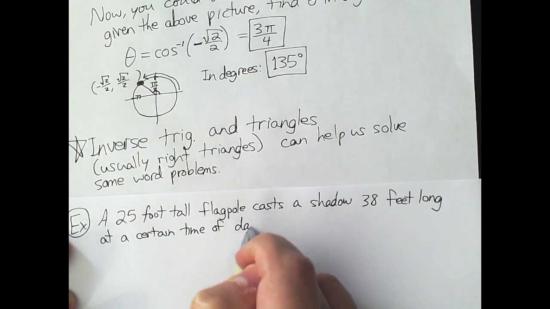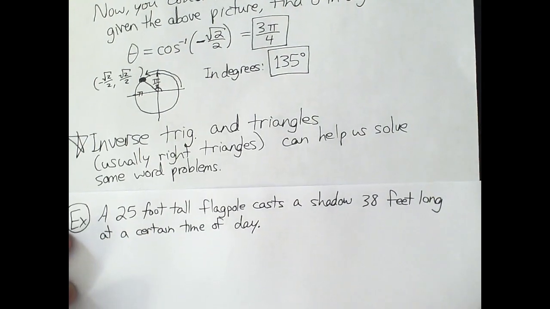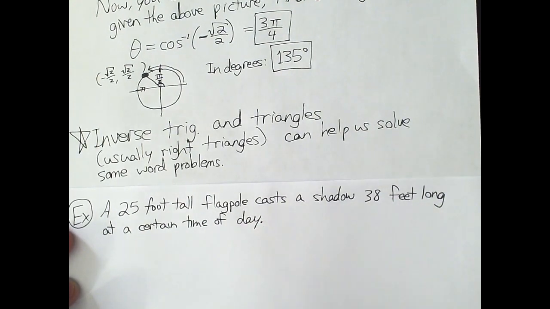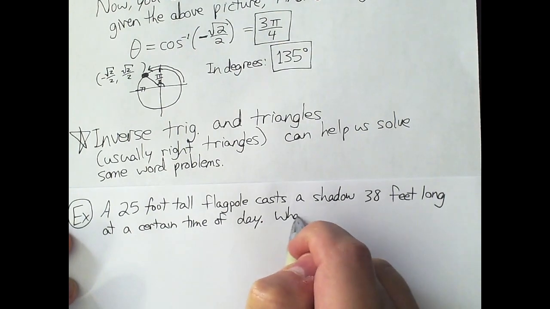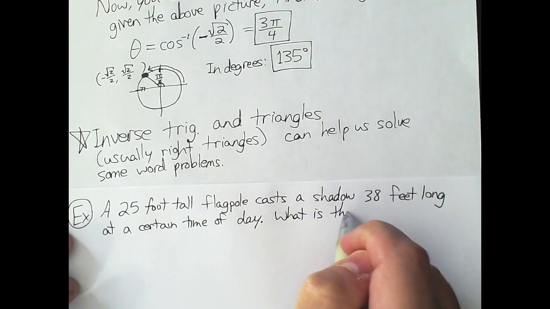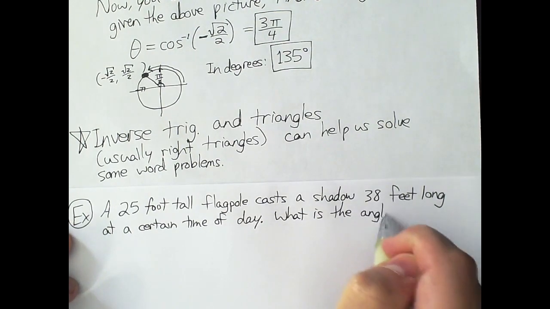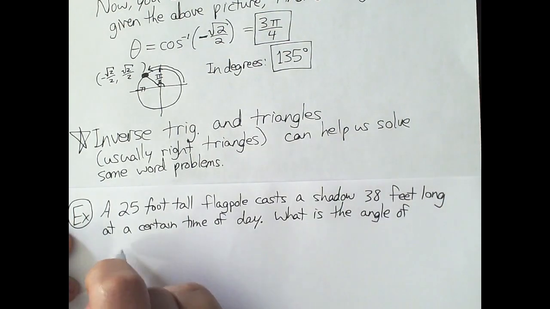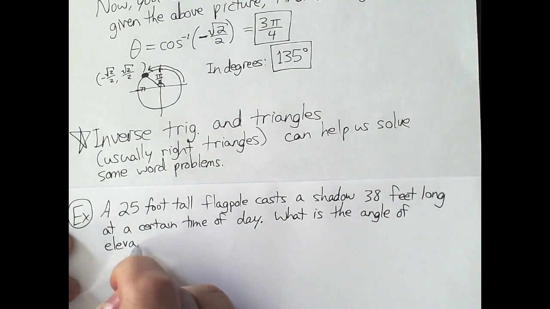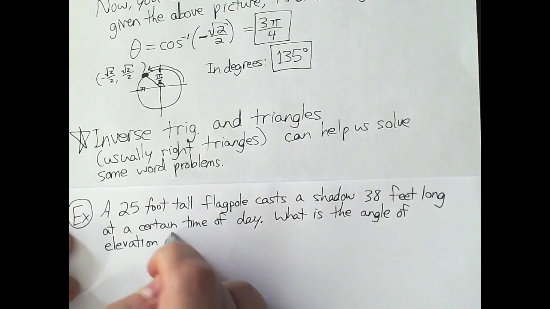I mean, it makes sense that the length of the shadow is going to change throughout the day, right? What is the angle of elevation of the sun?